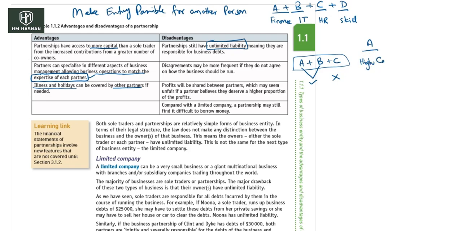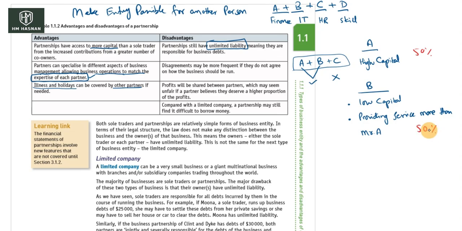Mr. A contributed high capital and Mr. B contributed low capital as per A. But Mr. B is providing more services than Mr. A, and finally they equally share the profit.